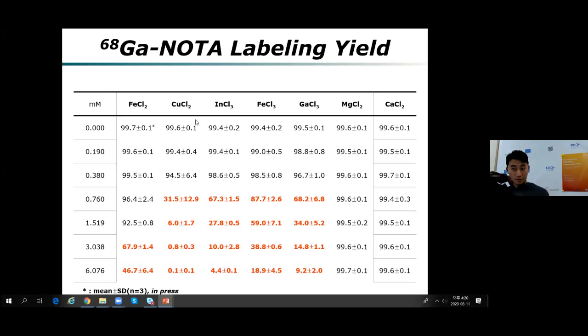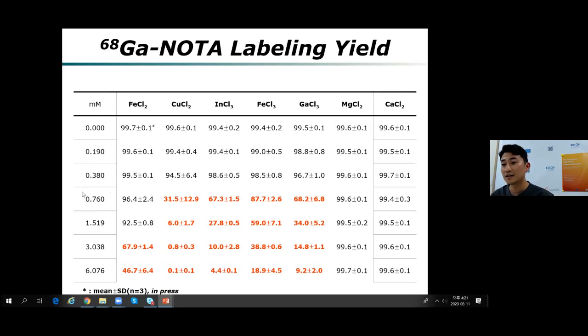Here is a simple example from this figure. After labeling gallium using NOTA, we added different metal solutions at different concentrations.